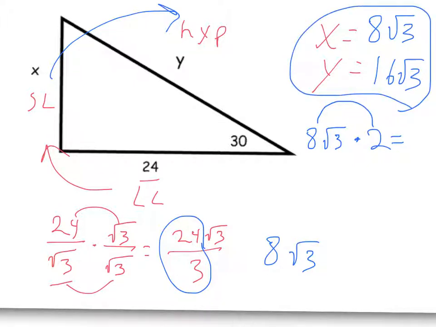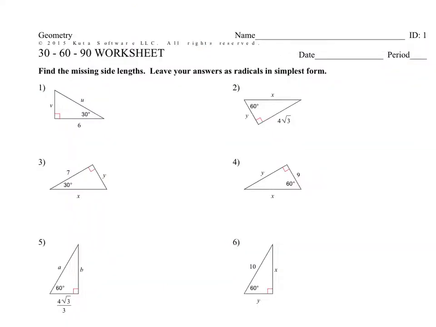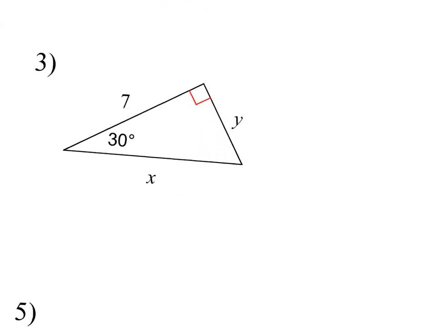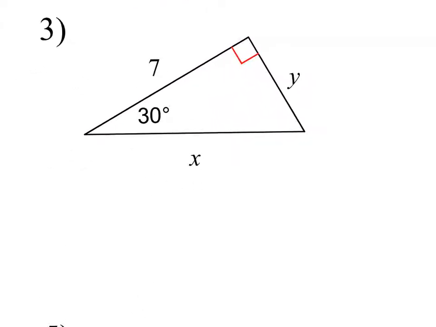Okay, let's look at one of those on the homework. Number 3 is the one I think is going to be the trickiest type that you'll find on the assignment, similar to that last example. Okay, x is your hypotenuse, y is your short leg, and 7 is your long leg. If we're going long leg to short leg, we're taking 7 divided by radical 3.